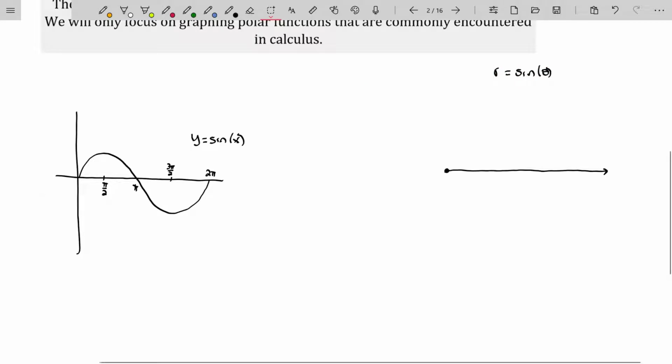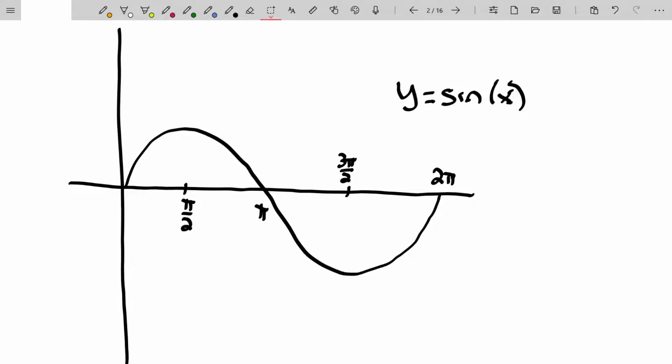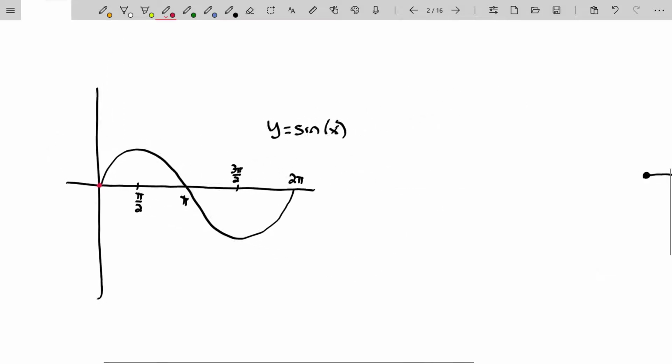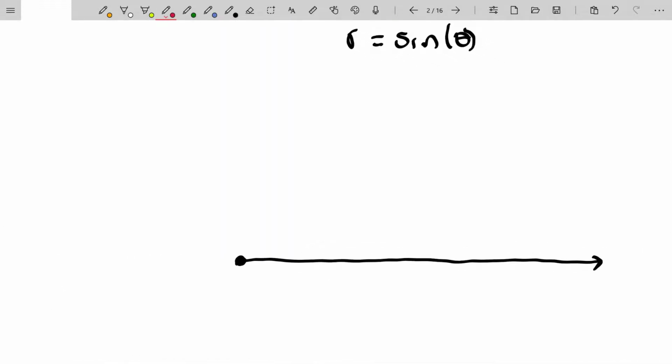Well, going back over here, remember our inputs for sine of x are supposedly angles. So if x were 0, in other words, the angle is 0, then our y value is 0. That is, if our angle is 0, the radius is 0.